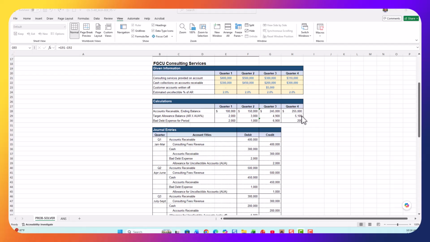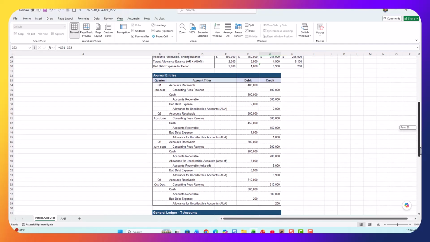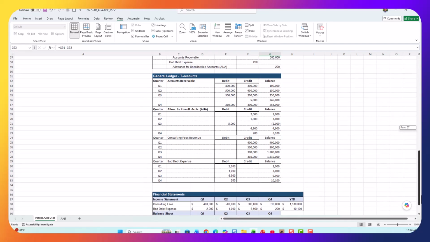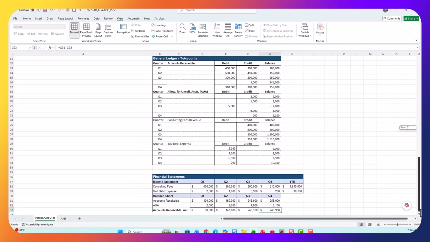The bad debt expense is then the amount needed to take the prior AUA balance to the current target balance. Once the calculations are completed, the entries are journalized and posted to the general ledger to update the accounts so that the financial statements can be prepared.